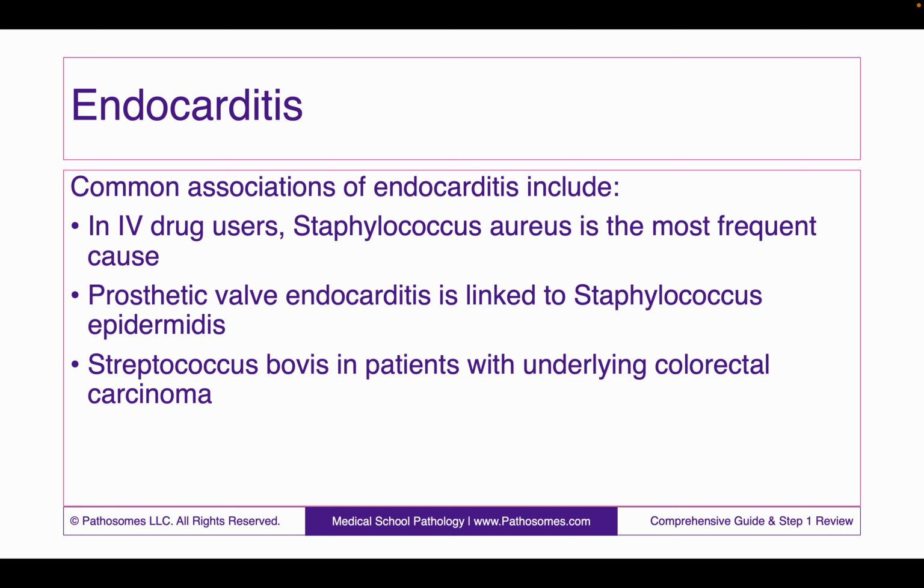IV drug user, Staph aureus. On the flip side, prosthetic valve endocarditis is linked to Staphylococcus epidermidis. And for patients with gastrointestinal cancers, such as colorectal carcinoma, those patients have endocarditis that is classically associated with Streptococcus bovis.